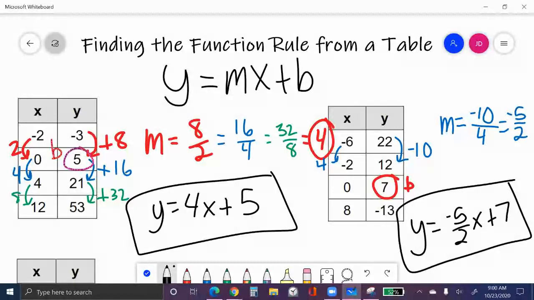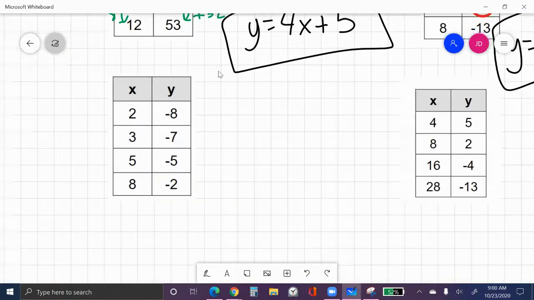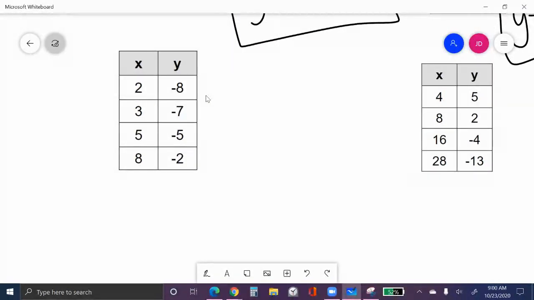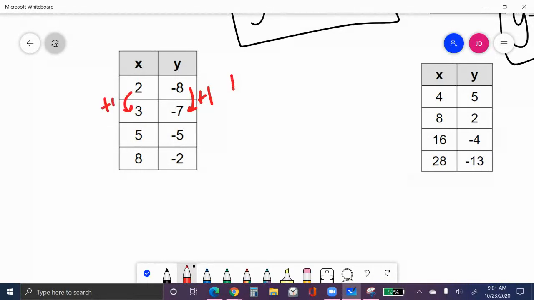These first two problems were pretty simple because they give us the b in the table. But that might not always be the case as we go down. Okay, right here. -8 to -7 goes up 1. 2 to 3 goes up 1. So my slope is 1 over 1, which is just 1.